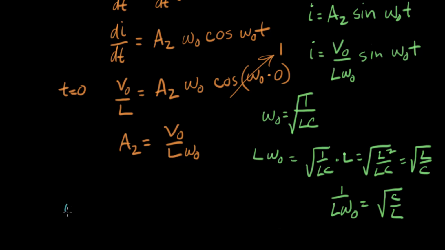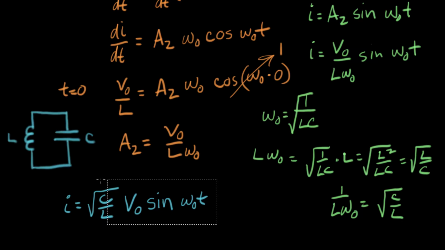And now we can write I equals square root of C over L times V naught sine of omega naught t.